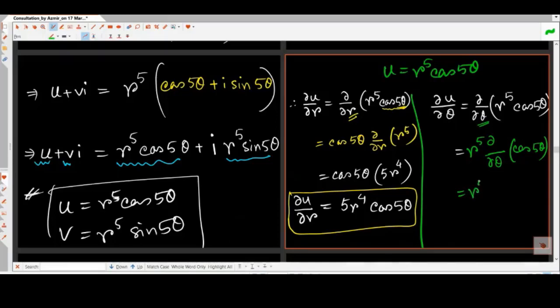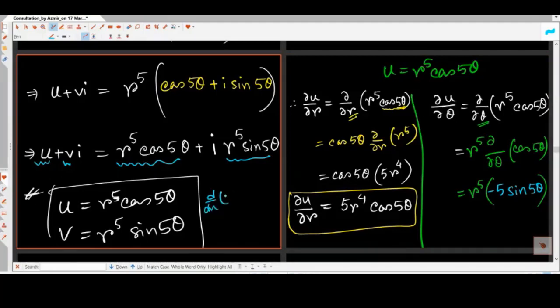Now the derivative of cosine 5 theta will be negative 5 sine 5 theta, by the formula d dx of cosine ax equals negative a sine ax.